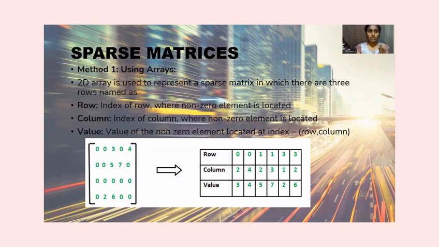Row: index of row where the non-zero element is located. Column: index of column where the non-zero element is located, and value of the non-zero element located at that index, that is, row and column. And this is the example and the explanation of where everything is located.